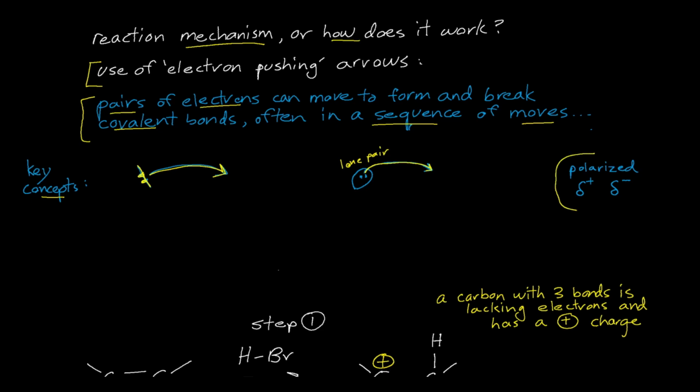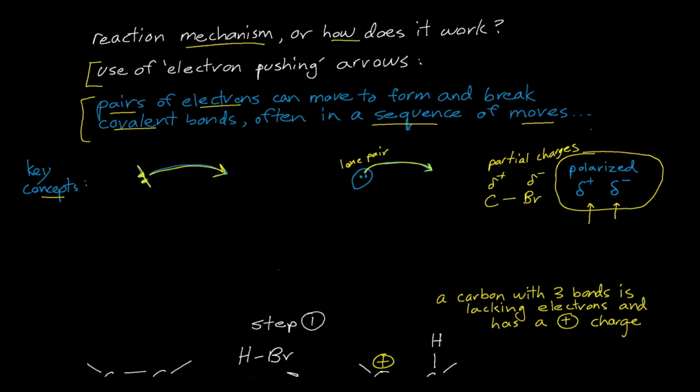Some of what governs these reactions is the fact that some bonds between atoms are polarized, and we're going to indicate minus and plus polarized atoms with the Greek letter delta. So carbon to bromine, for example, is a polarized bond where the carbon has a partial positive charge and the bromine has a partial negative charge, not a full charge.